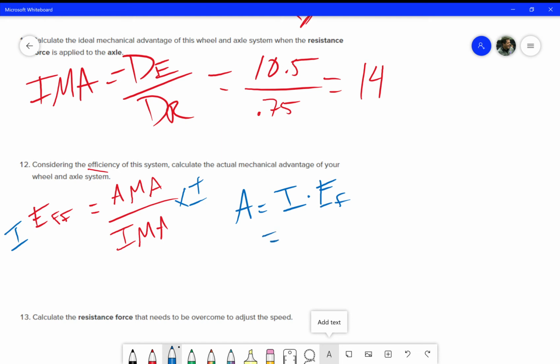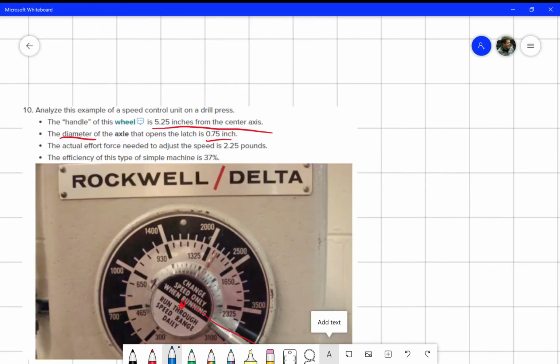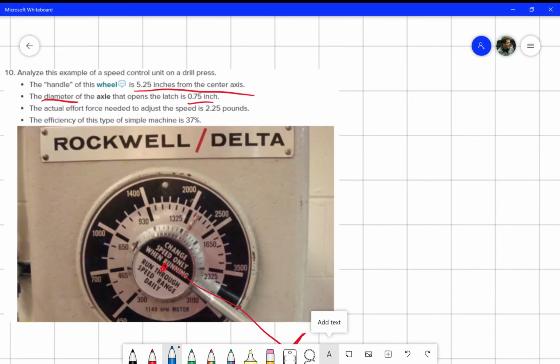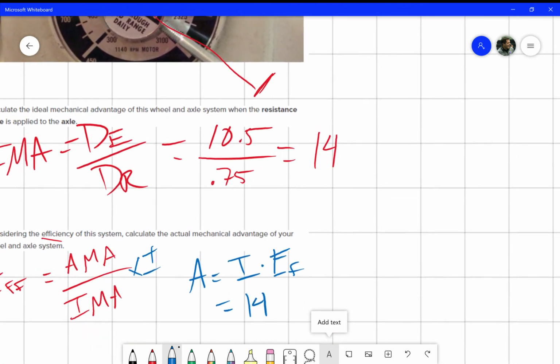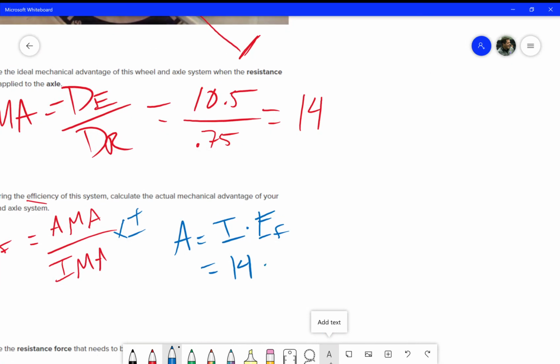All right, so our IMA we just said was 14, and our efficiency was 37% or 0.37. Which gives us a force, or I'm sorry, an AMA of 5.18.